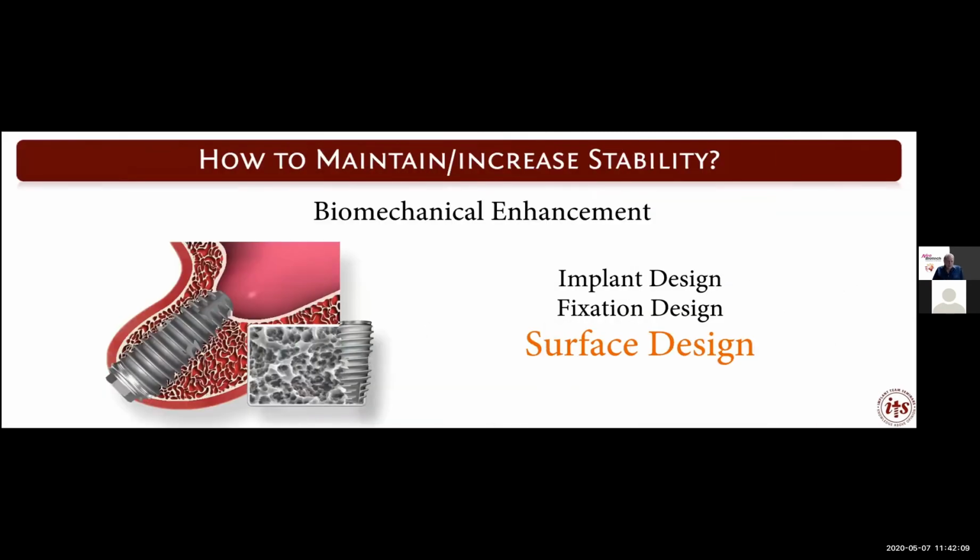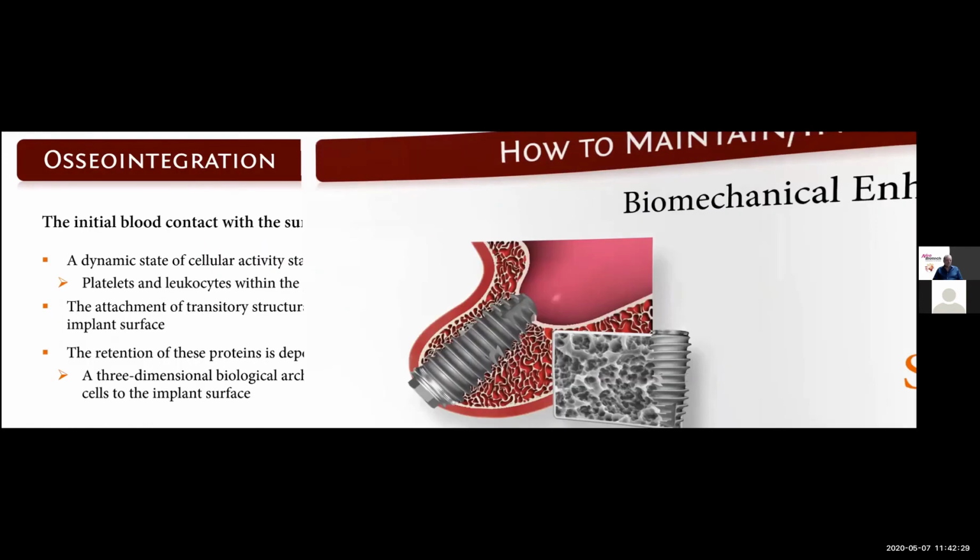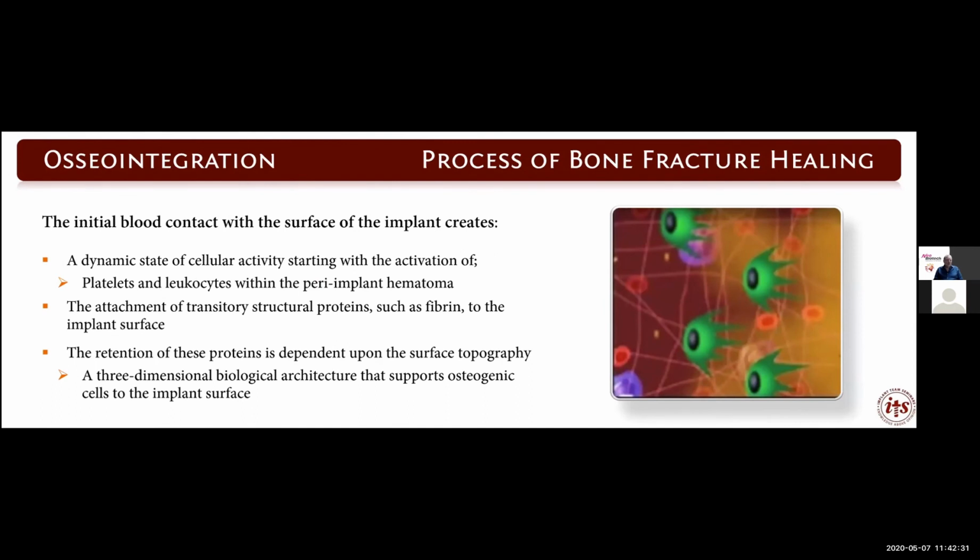Now a little bit to talk about surface design and its contribution to bone implant contact, which is going to give us the ability for immediate loading. The concept of implant design, fixation, and the surface treatment that we see on an implant. Preparation of the implant site is like the fracture of bone.